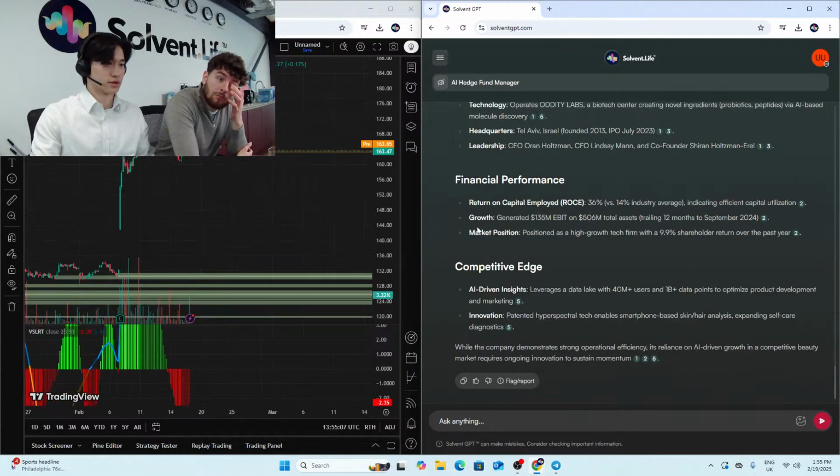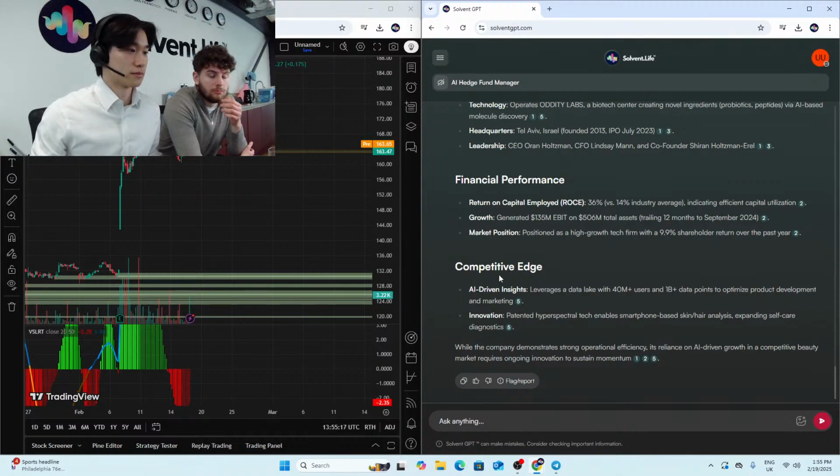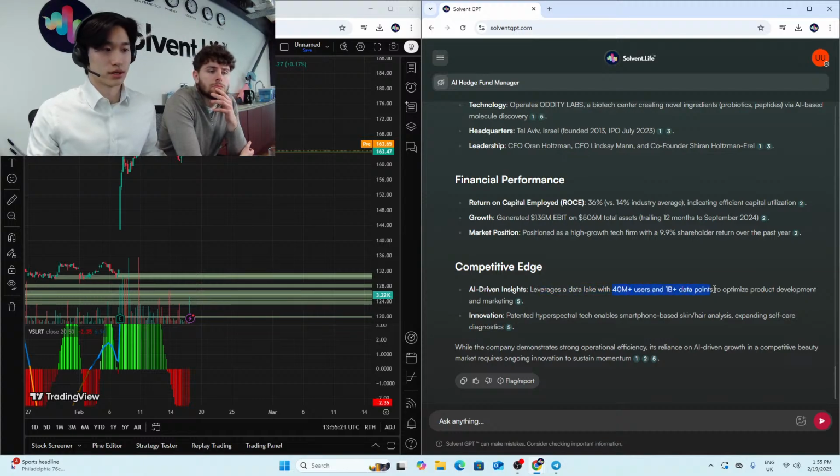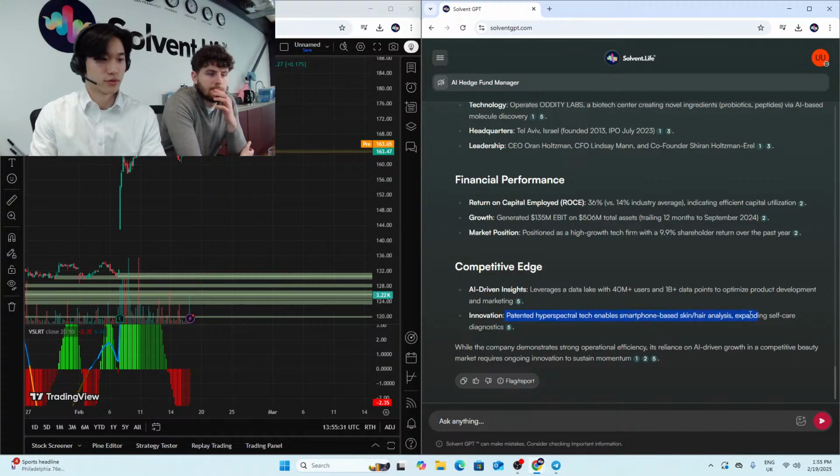Okay, we don't really need to know about that. But financial performance, 36%, indicating efficient capital utilization. Competitive edge. Okay, leverages a data lake with 40 million plus users and 1 billion plus data points to optimize product development and marketing. Innovation patented. Hyperspectral tech enables smartphone-based skin hair analysis. That is quite interesting.